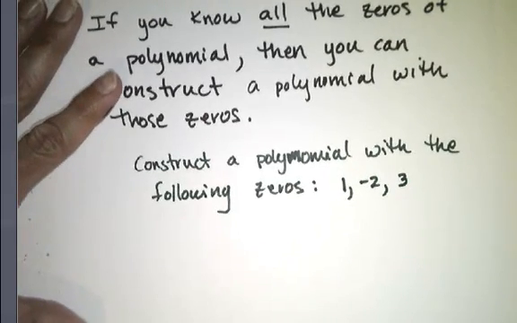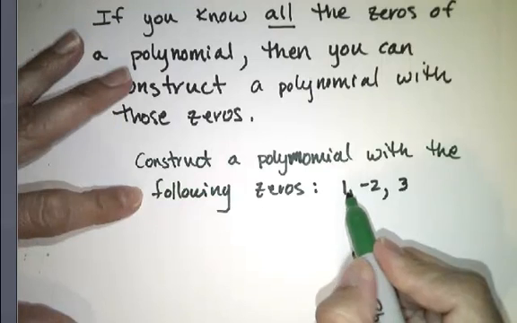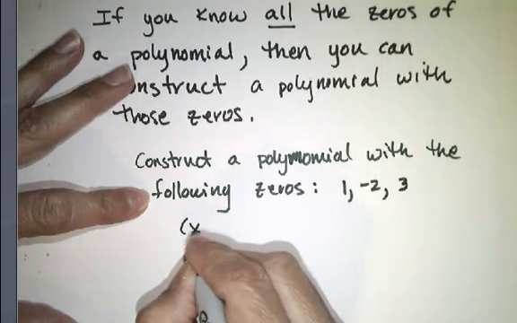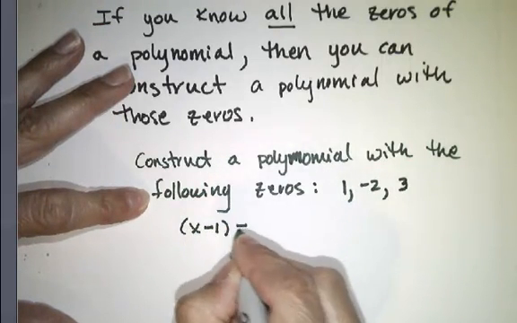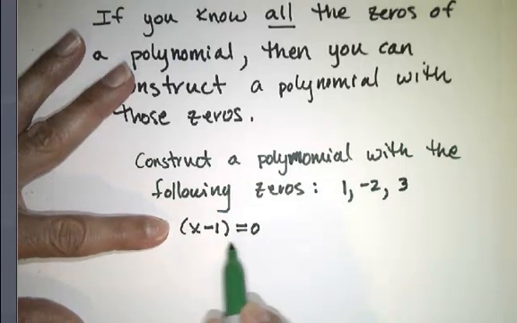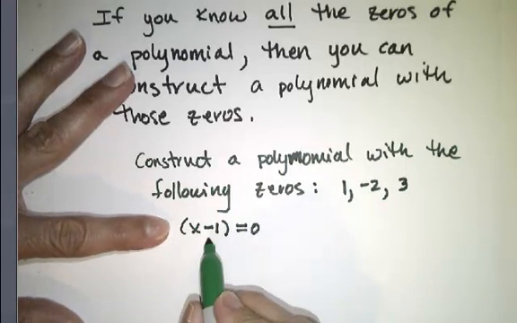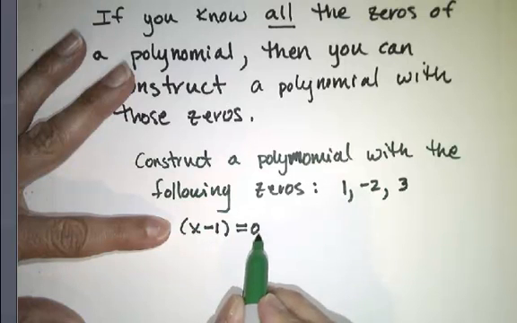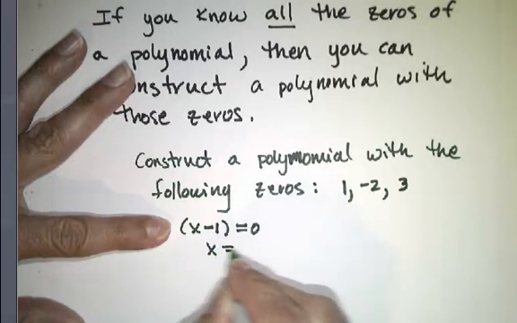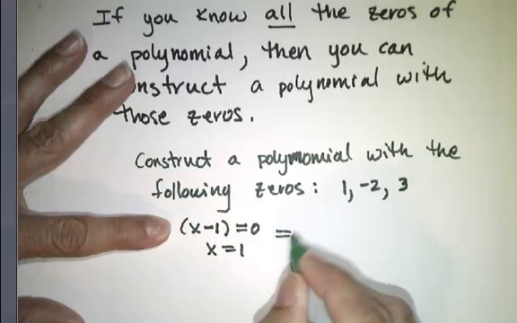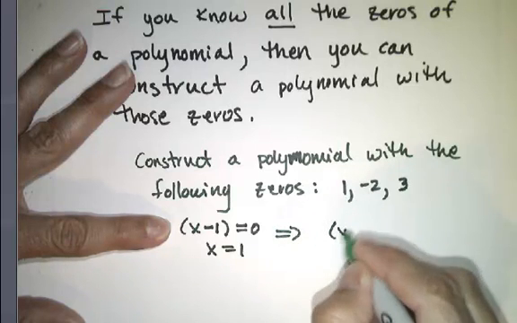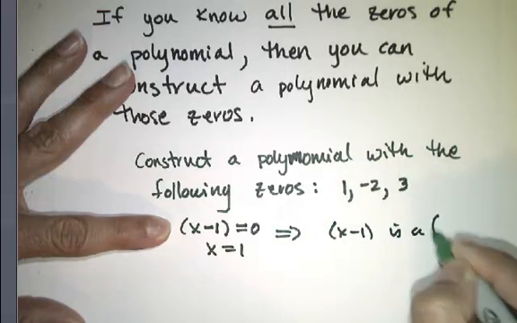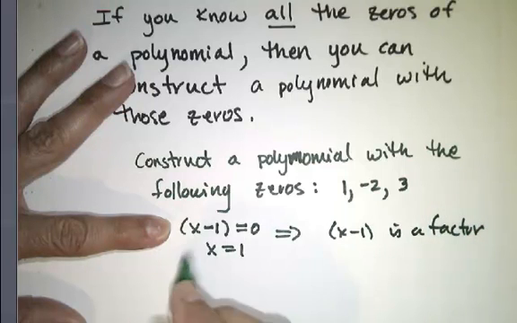Well, recall, if 1 is a 0, that means x minus 1 is set equal to 0. We can go backwards, remember, with the zero product property. So one of my factors that was set equal to 0 gave me x equals 1, right? So this means if 1 is a 0, x minus 1 is a factor, right? If x equals -2, let's go backwards.